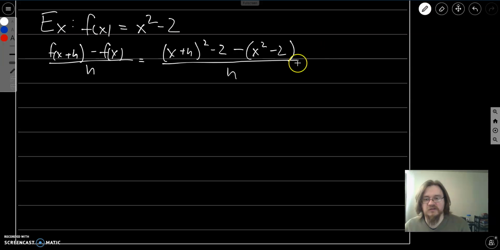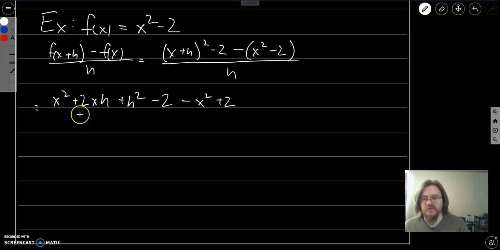Let's continue this on the next line. I'm going to simplify this a lot. So x plus h quantity squared is going to be x squared plus 2xh plus h squared. So that's this simplified. Then I have the minus 2. Then we have minus x squared minus 2, so that's going to be plus 2, all over h.